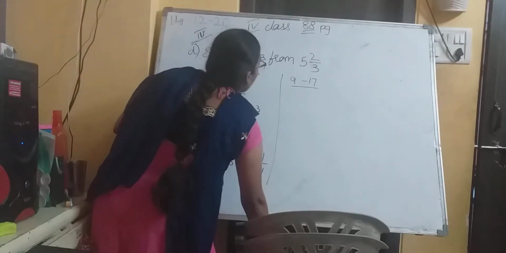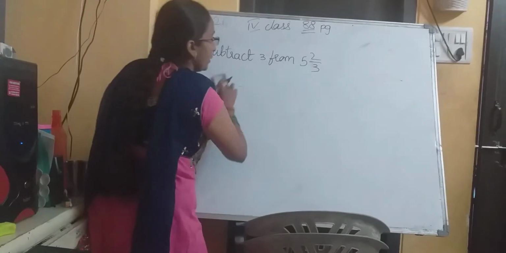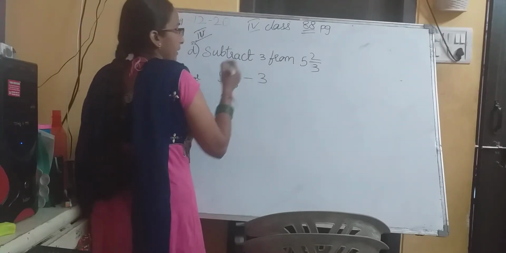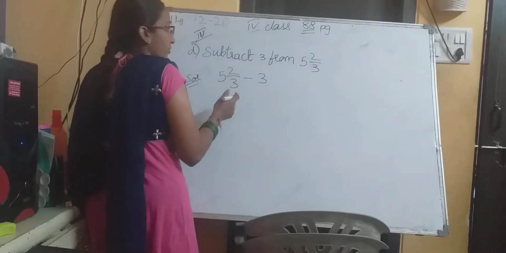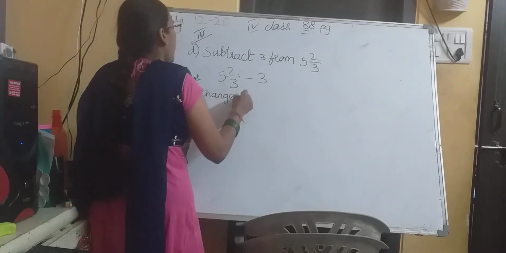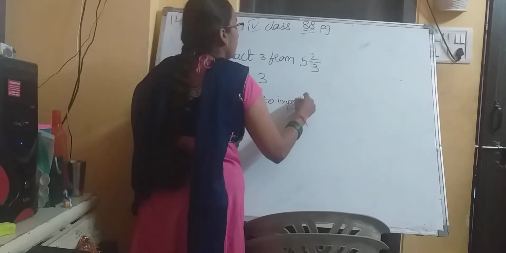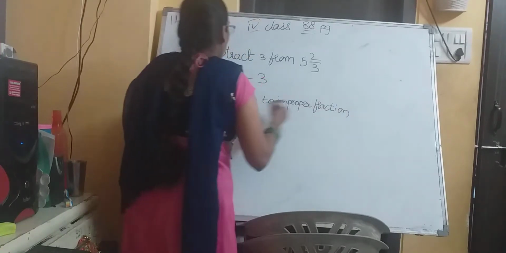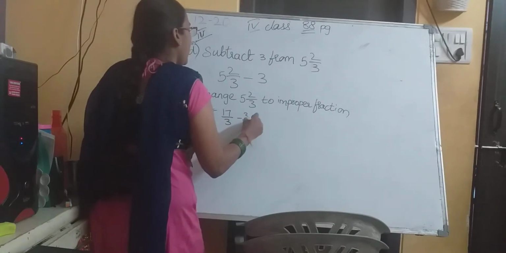Wait, children. Whenever they give it in this way, you first have to write the one after 'from' first. 5 2 by 3 minus 3 you have to write. Whatever number comes after 'from', you have to write that first. So, now change 5 2 by 3 to an improper fraction. That is nothing but 17 by 3 minus 3 by 1.